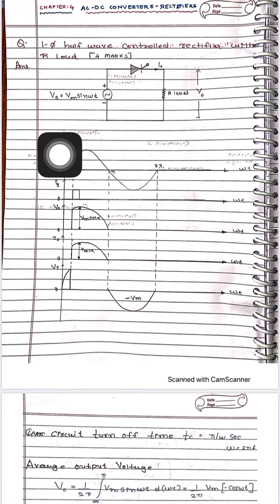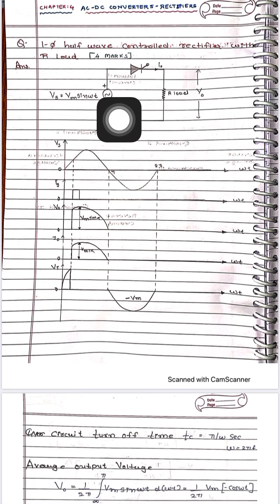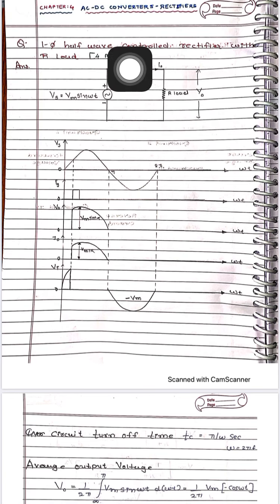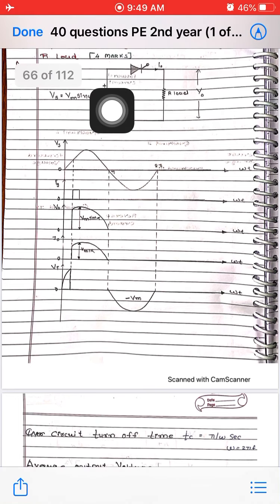So, what is the time period? 1 by 50, because f is equal to 1 by T. So, our time period for one cycle is 0.02 second. So, we can say positive cycle means current flows in this clockwise direction for 0 to 0.01, and in another half cycle, from source to resistive load to thyristor, that is from 0.01 to 0.02, right.